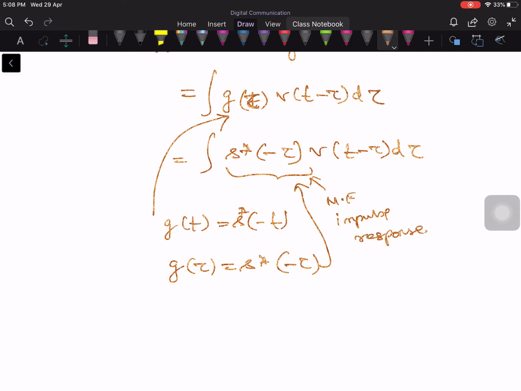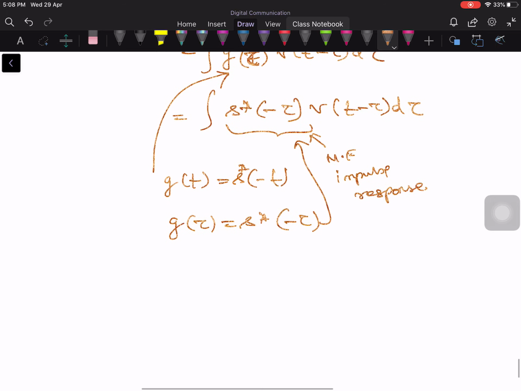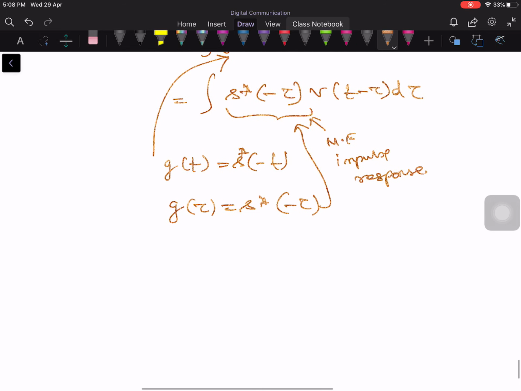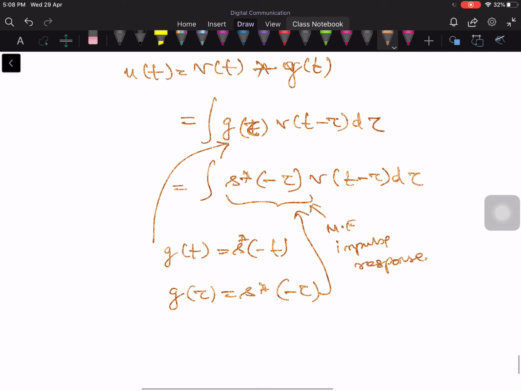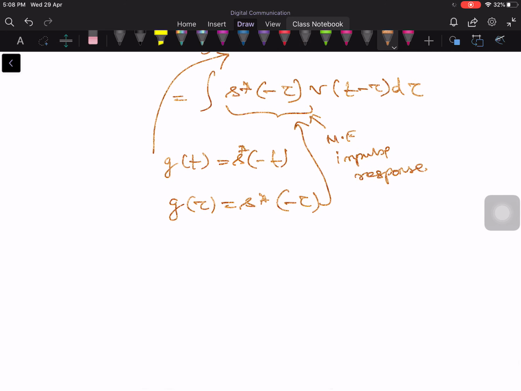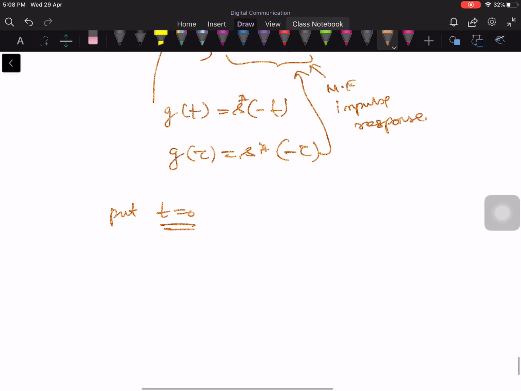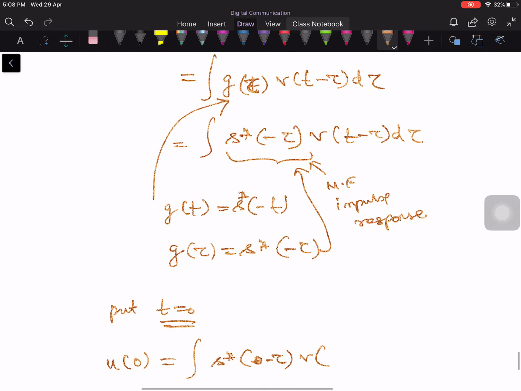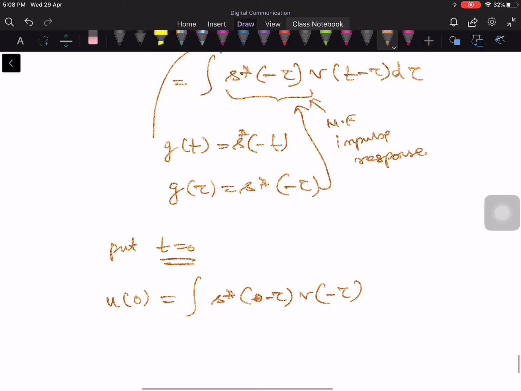Okay, so at t equal to 0, what happens? It becomes U of 0 equal to integral of S conjugate of minus tau and V of minus tau times d tau.